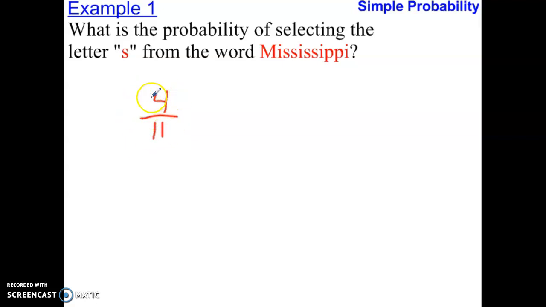Okay? This is already reduced. So my fraction is I have 4 S's out of 11. So my probability of selecting the letter S is 4 out of 11.